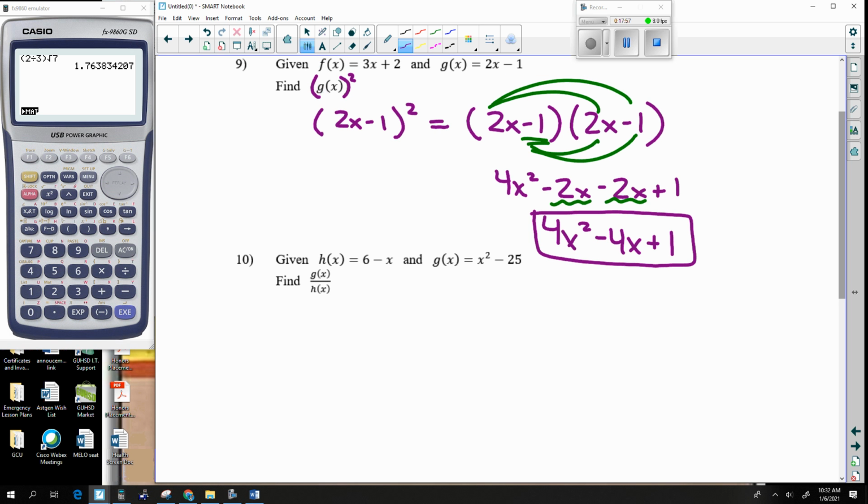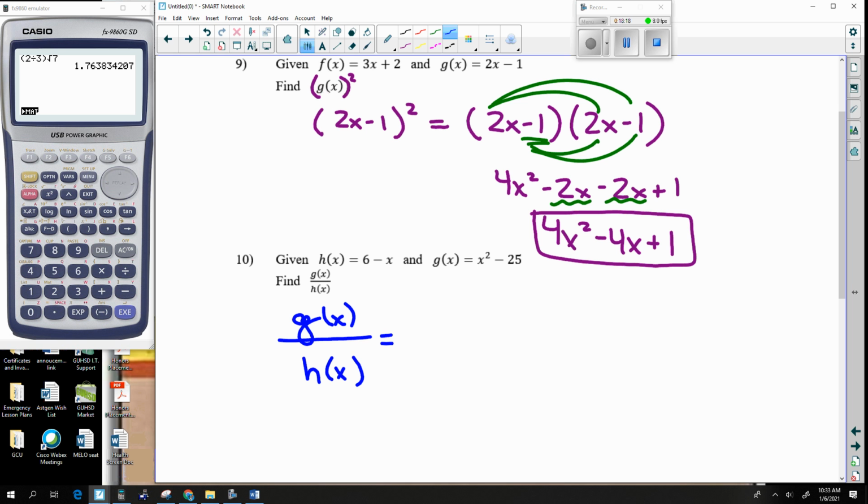And last but not least is this division problem. So here we have a g of x divided by an h of x. I really doubt you're ever actually going to have to do these divisions. We might learn about it a little bit later in the semester. I'm not exactly sure.